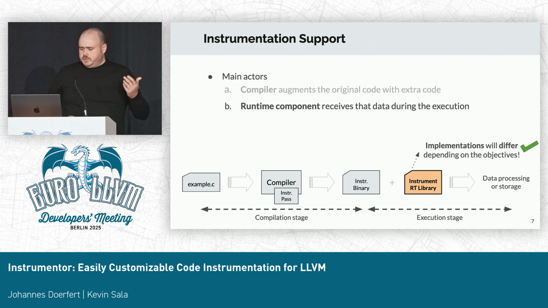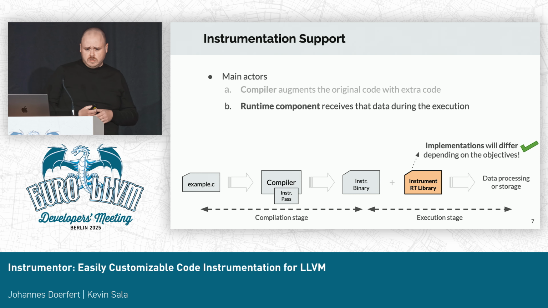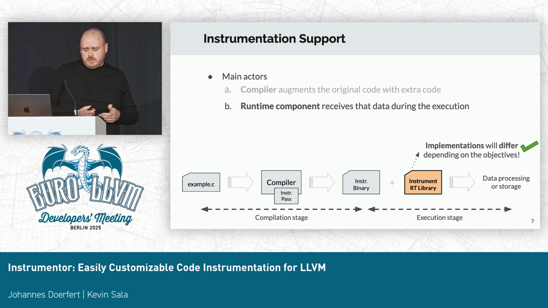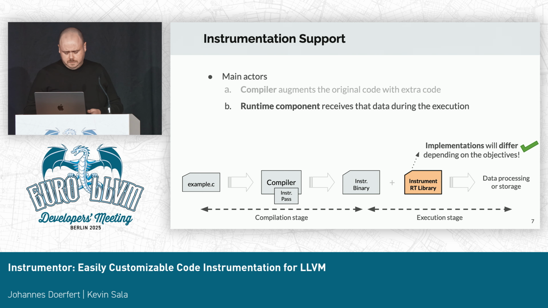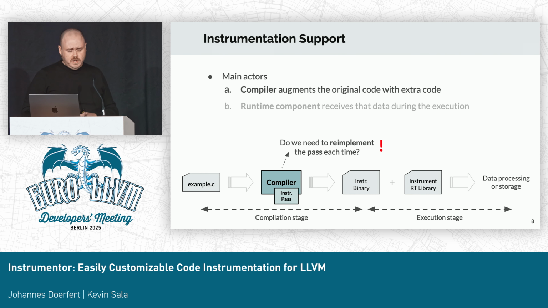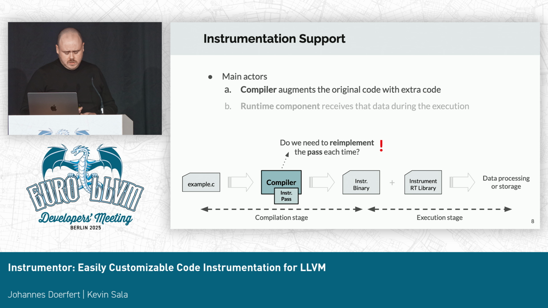So the implementation of the instrumentation libraries will be different between the different instrumentation tools that we have. If we are doing debugging or if we are doing sanitization, the libraries will be different. That's okay. But the question is, do we actually need to re-implement the instrumentation pass in the compiler side each time that we have a new instrumentation tool?